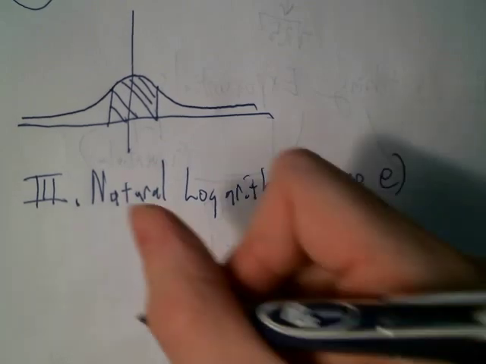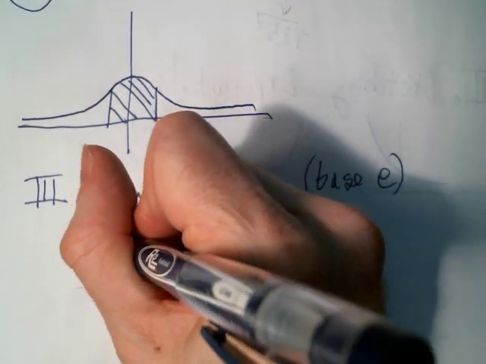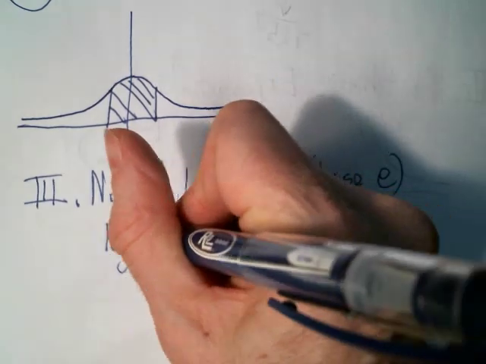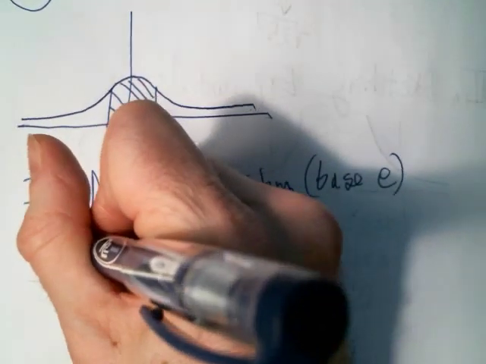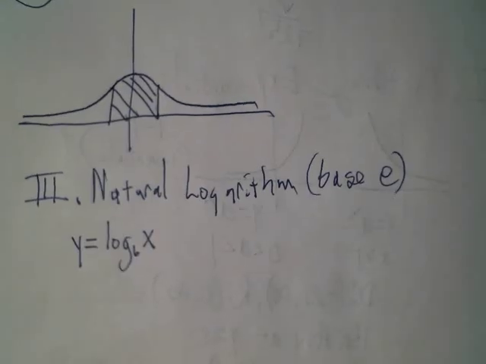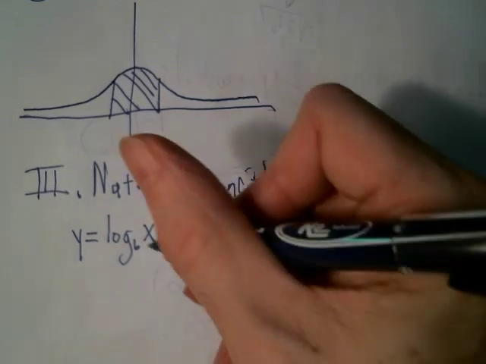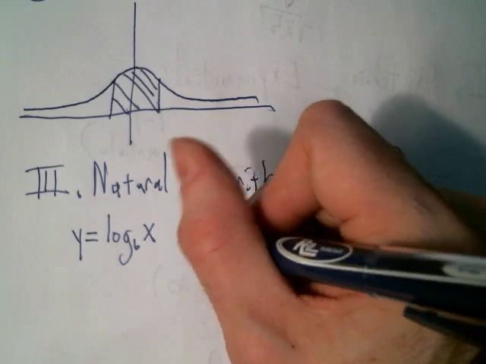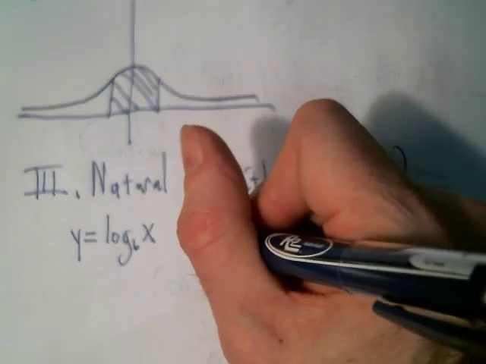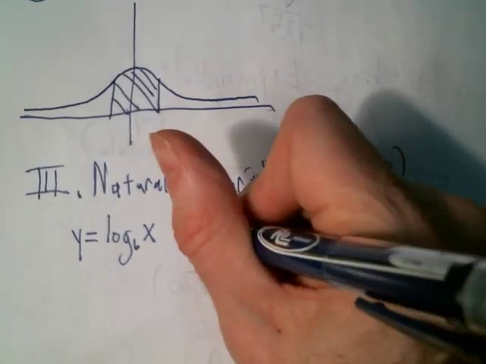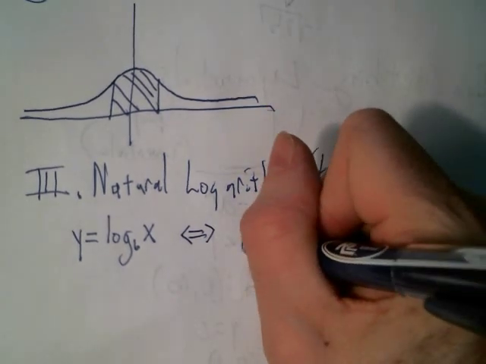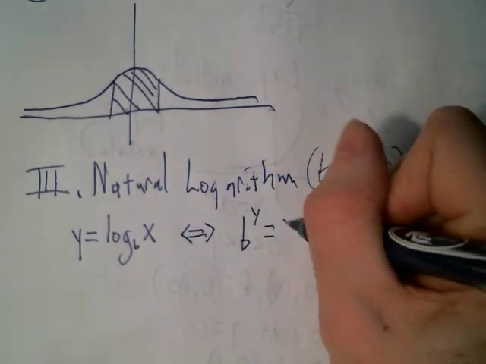Alrighty then. Before, in your intro classes, you had log base b being the inverse of b to the x. We probably defined it as y equals log base b of x if and only if b to the y equals x.